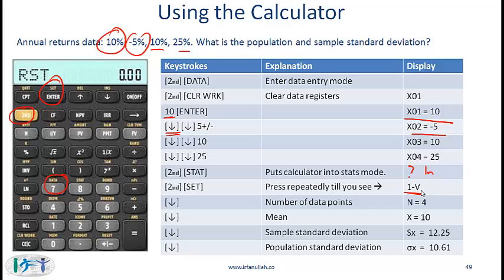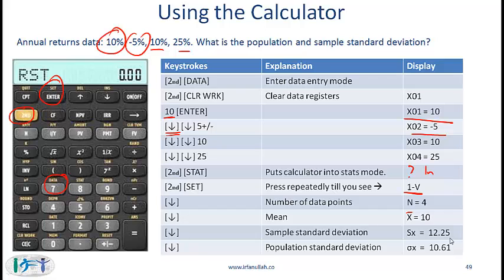Once you see this, you should press the down arrow, and what you will see is n equals 4. This is telling you that we have 4 data points. You press the down arrow again and you will see X bar equals 10. That is telling you that the mean of this data is 10. You press down arrow again, you will see Sx equals 12.25.